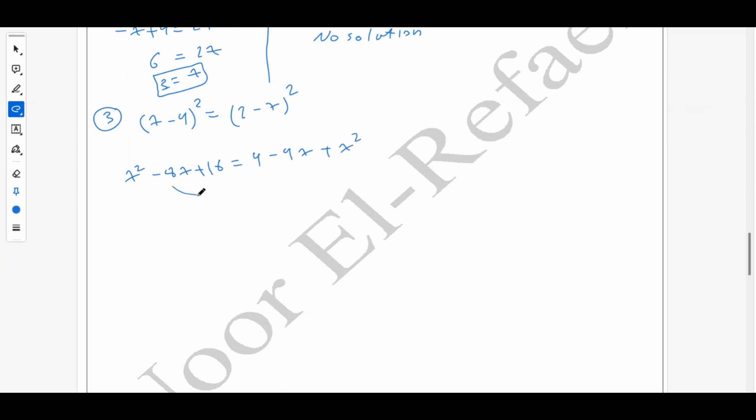Simplify it. 4x equals 12. Divide by 4, divide by 4, x equals 3.